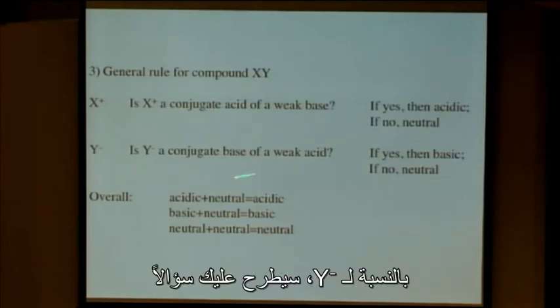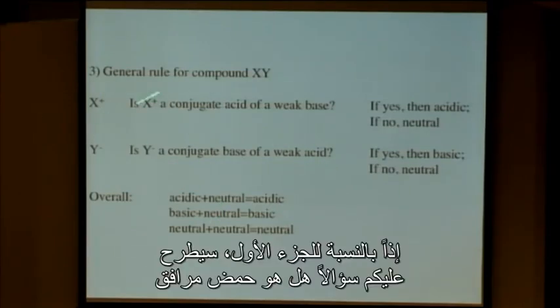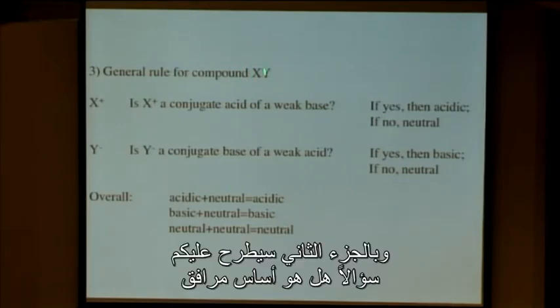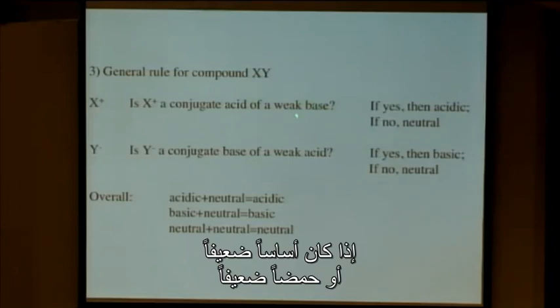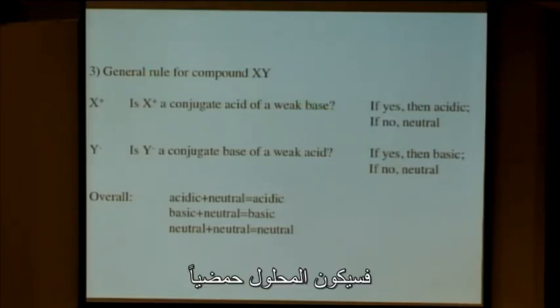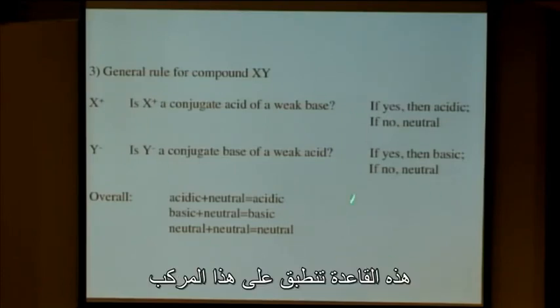For Y minus, you're going to be asking, is it a conjugate base of a weak acid? So for the first part, you're asking about if it's a conjugate acid. In the second half, you're asking about if it's a conjugate base. So if something is a conjugate acid of a weak base, and that's yes, if you know that's a weak base or you know that it's a weak acid, then it's going to be acidic. If it's not, it'll be neutral. Same thing is true over here.